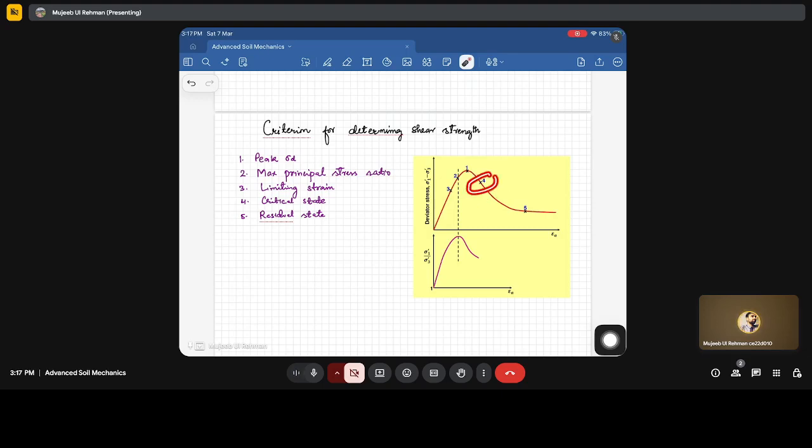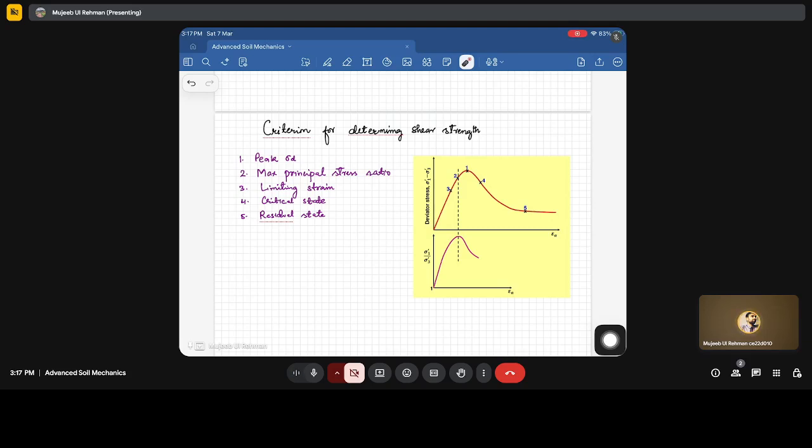The critical state is defined as a state at which the shearing takes place at constant volume. And for the OC soils, we can take this as a criterion for determining the shear strength.